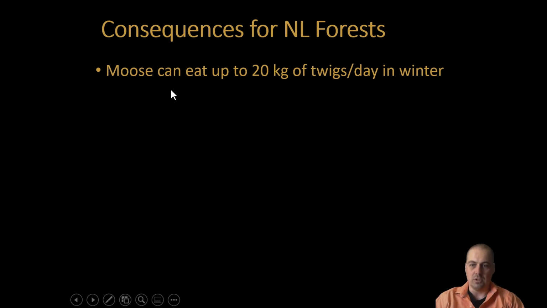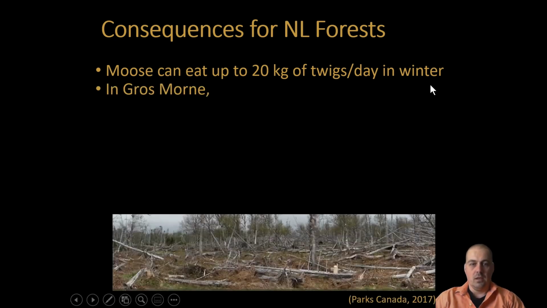So moose usually pick the better stuff, like the berries and deciduous plants, and they stick to eating fir trees in the wintertime because that's the only food that's available.